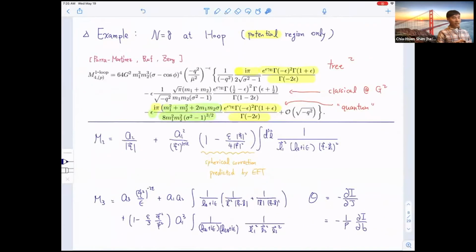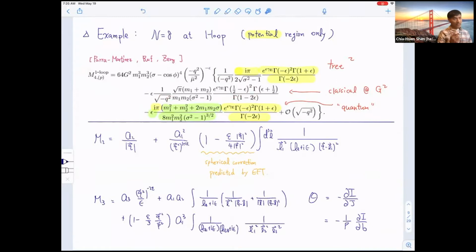So just to give you a concrete example, this is the simple amplitude for anchor A at 1 loop with only potential region. And this is the thing I copied from Julio, Bao and Michael. So the first line is the tree-level squared, scaling as 1/q squared. The second line is the usual classical part for the triangle. And the third line is something that you might want to call quantum based on q squared power counting.